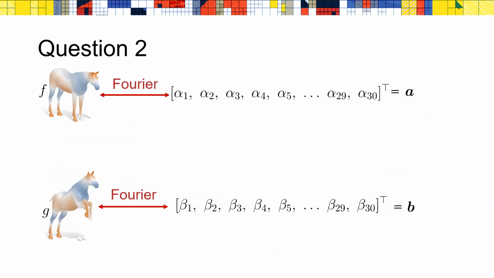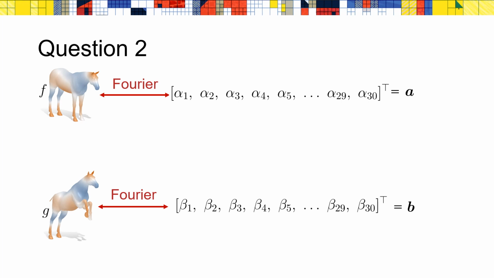The second question is, now we have the Fourier representation of signals, and we can represent each signal on a shape as the set of coefficients that represent the signal in the Fourier basis.